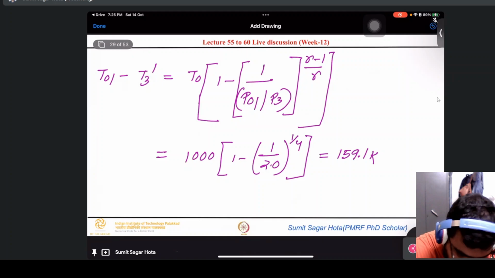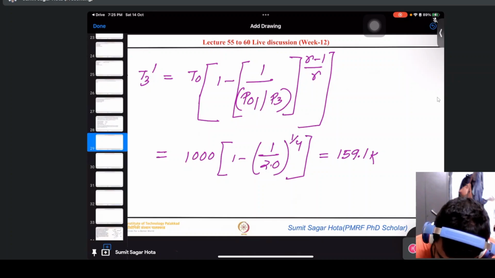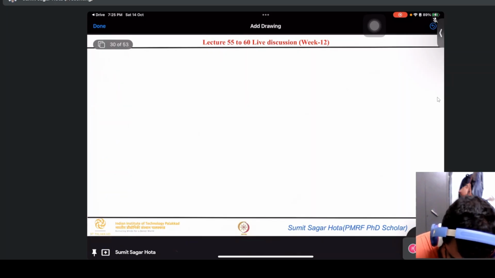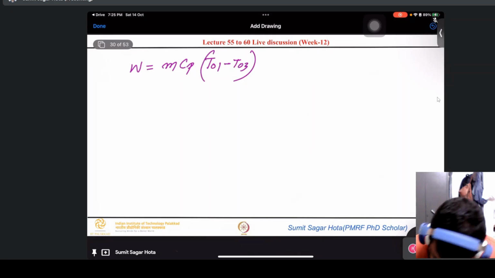So now we know the difference between these two. Now we know what is work done: W is equal to m cp (T naught 1 minus T naught 3), between 1 to 3.